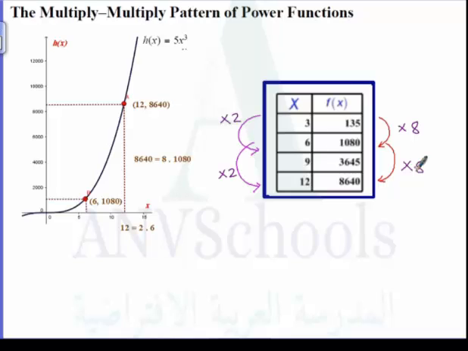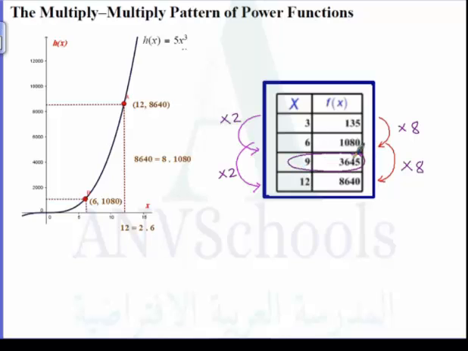Now you notice that the third pair is not taken into consideration because there are instances wherein those points belong to the equation or to the function itself, but are not entirely relevant in the formation of the function. So we have 9 and 3645 here. I am talking about this point.